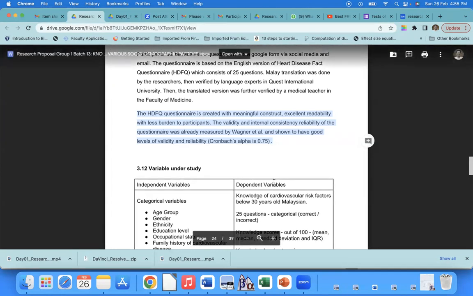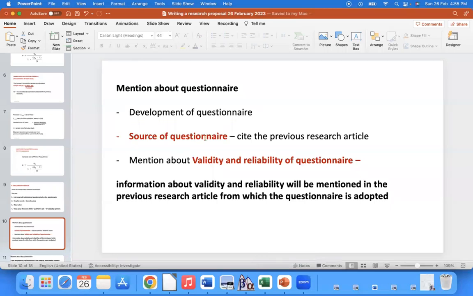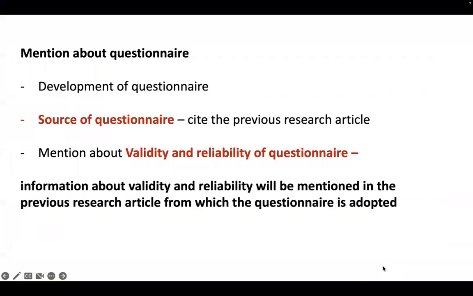So mention the source of the questionnaire, which research article it was, then mention validity and reliability. That information will be in the previous research article from which the questionnaire is adopted.